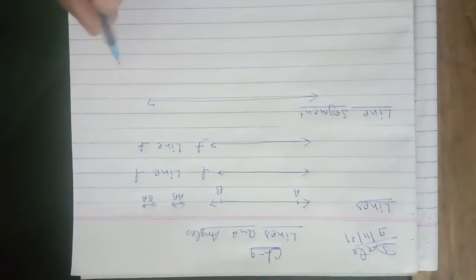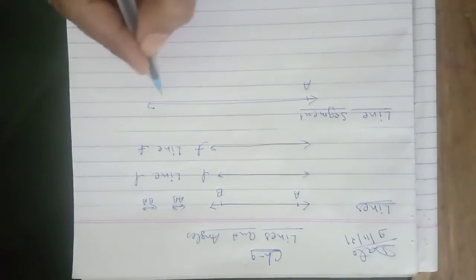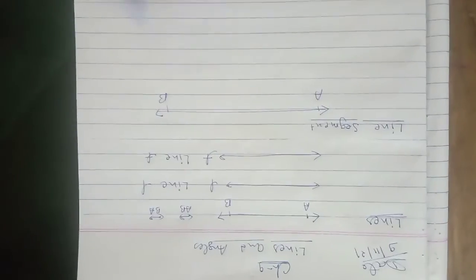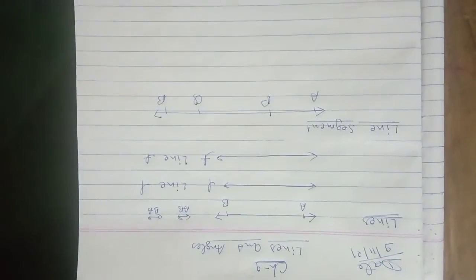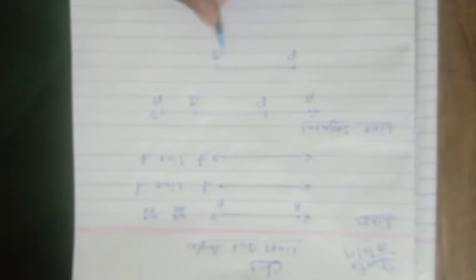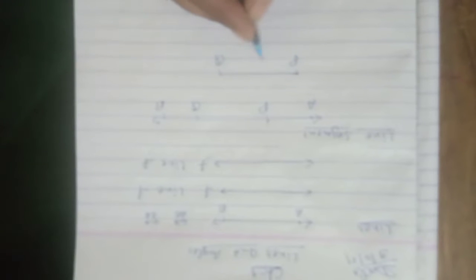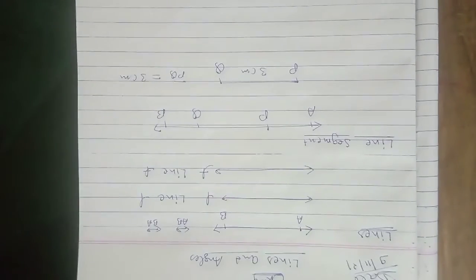Suppose that this is a line A and B. If we take any part of it, like P and Q, this part PQ is called a line segment. Since a line segment has two fixed points or end points, it can be measured. Suppose that PQ is equal to 3 cm. We can write here PQ is equal to 3 cm in this way.